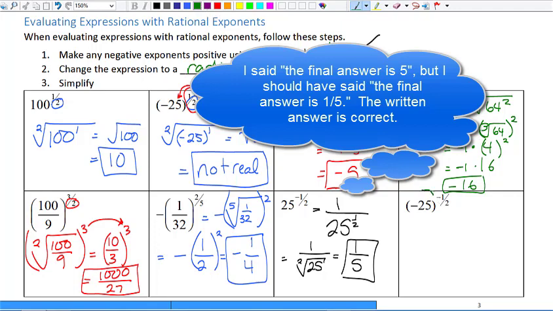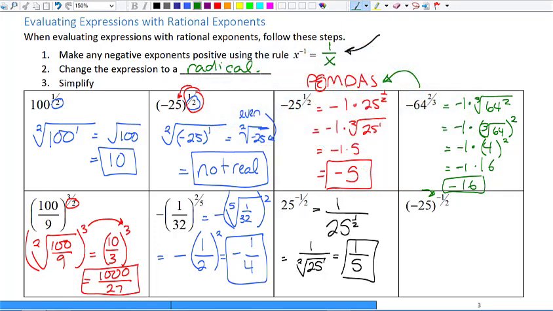Again, we have another negative inside the exponent. So because there's a negative in the exponent, I want to make the exponent positive, or happy, by putting him downstairs. Now that he's in the denominator, and a positive exponent, I can proceed.